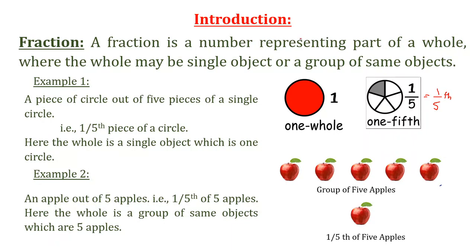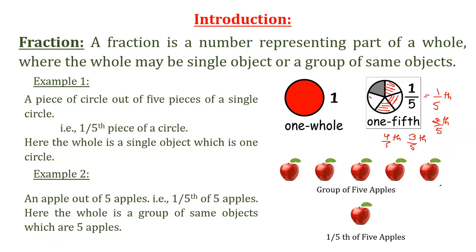If you take two parts like this, we can tell it as out of 5 parts, 2 parts, as 2/5 of the one whole. If you take 3 parts out of 5 parts, you can tell it as 3/5 of the one whole. If it is 4 parts, you have to tell it as 4/5 of the one whole.